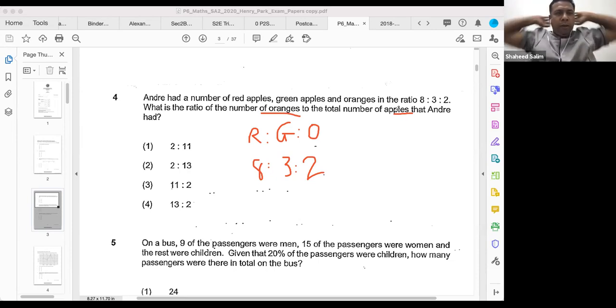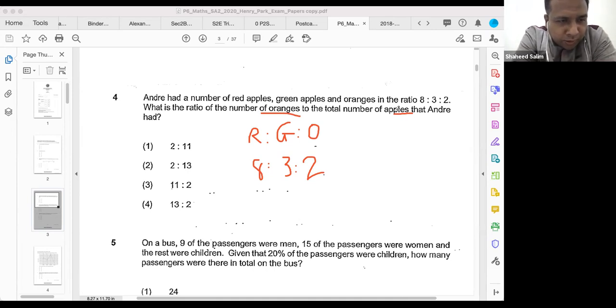Red and green together. Careful, don't be tricked. It's very simple. You can do this. Shakil can do this.